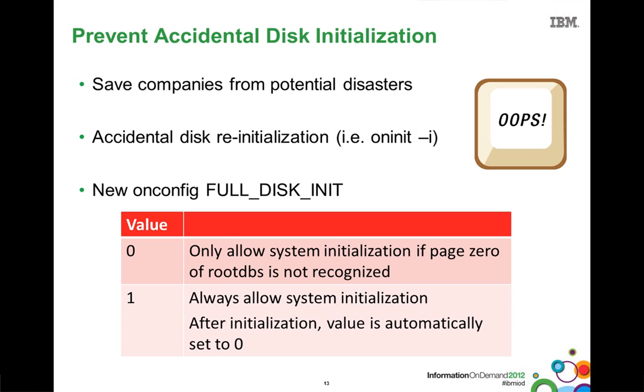And if you try an oninit -iy with it set to 0, you'll get a message in the log saying we won't allow you to do this because we recognize that there are current Informix markings on that page, and we're going to prevent you from doing the work until you really override it.